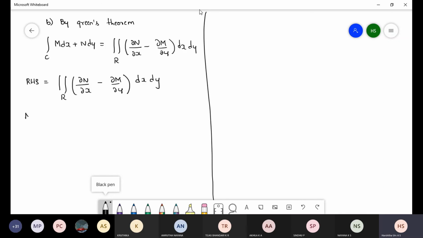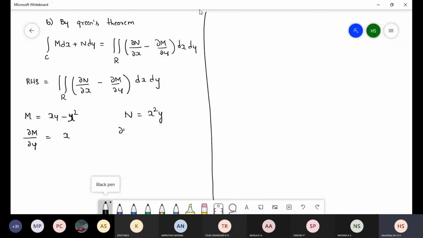In this question, the term ending with dx is your m value. So m is xy minus x square, and n is x square into y. Now we have to differentiate m partially with respect to y, so here we get x.